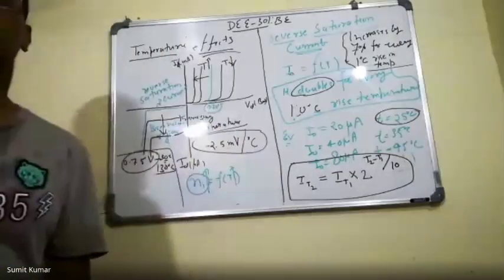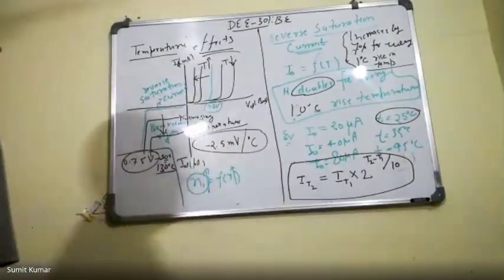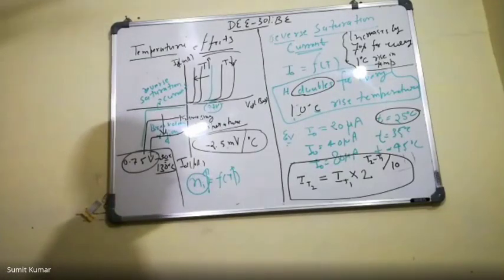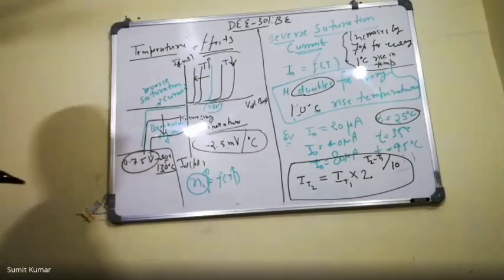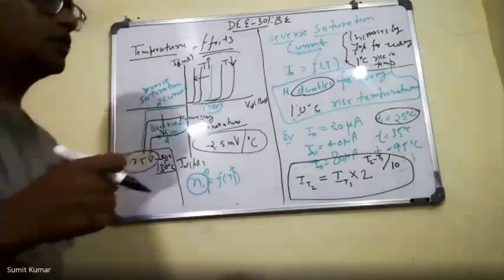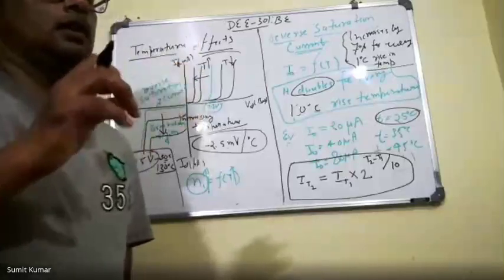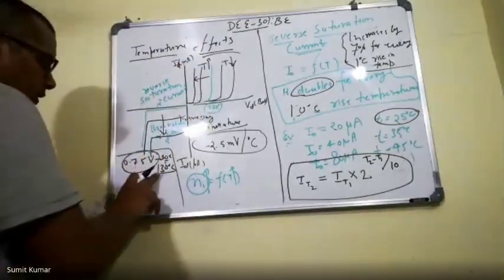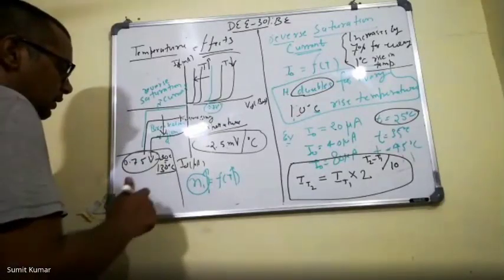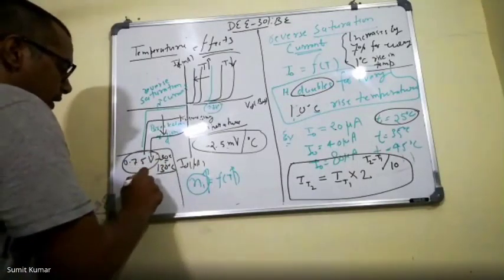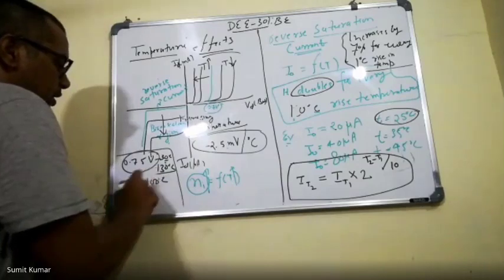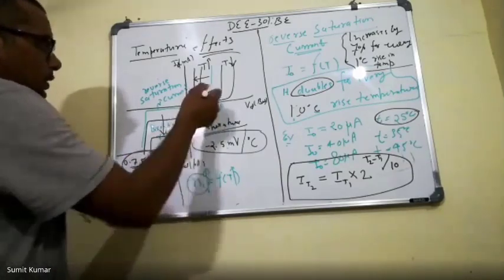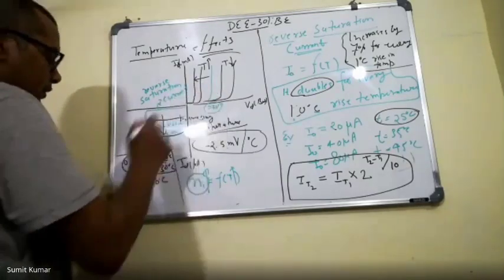The experimentation you do in the lab is at NTP, but most of the time we use circuits with diodes for control in the industry. So there might be a temperature rise to 130 degrees Celsius, so the temperature rises by 100 degrees Celsius. Definitely, if the temperature is rising, then this will decrease.